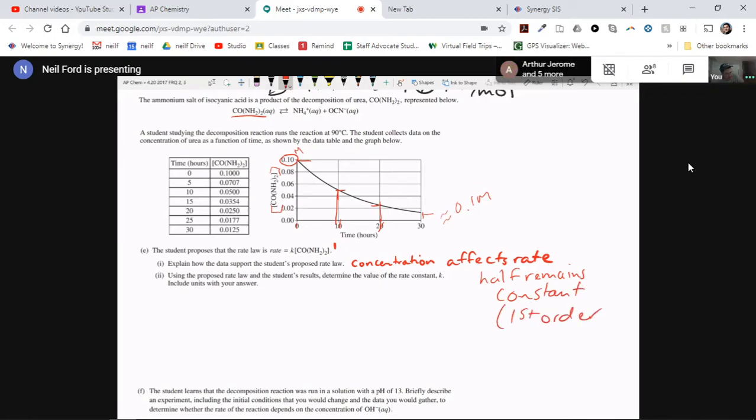Wouldn't that also happen for zeroth order? No, for zeroth order, the half-life to go from 0 to 0.5 is different. It's not the same, because check this out. If it was a straight line in the first 10 minutes, you've only gone down maybe 20%.